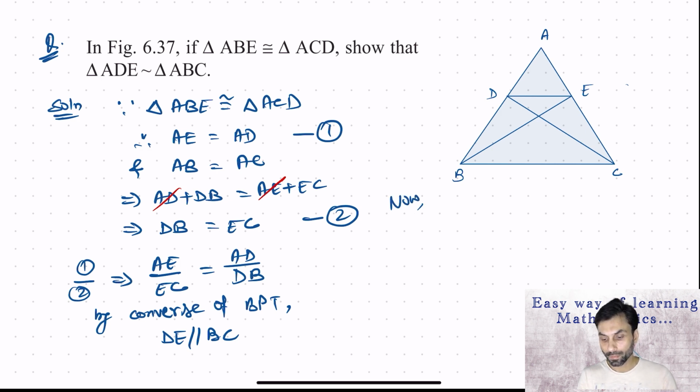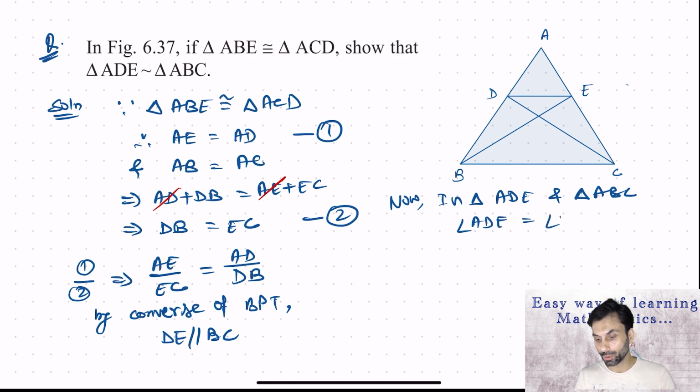Now, if we take triangle ADE and triangle ABC, what we observe is angle ADE equals angle ABC, since DE is parallel to BC.